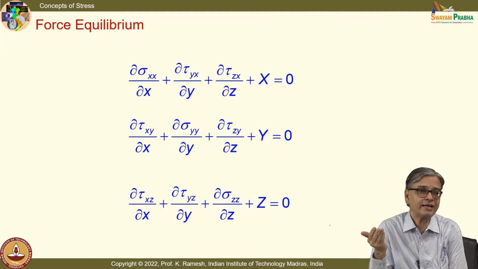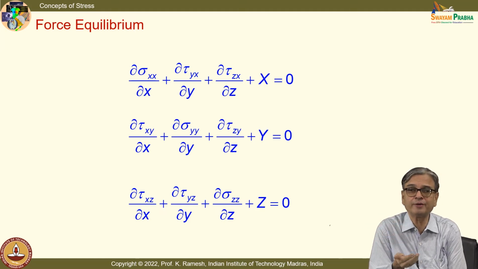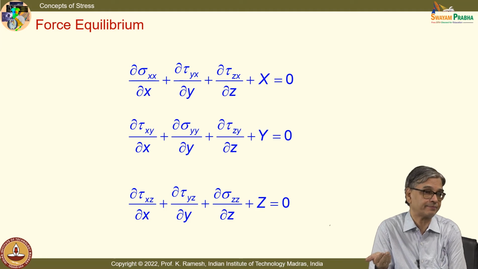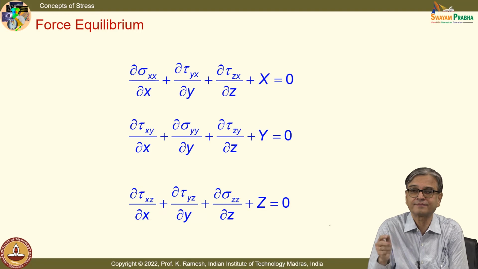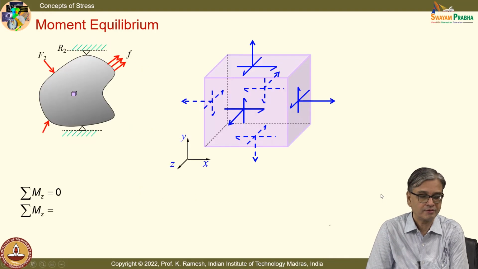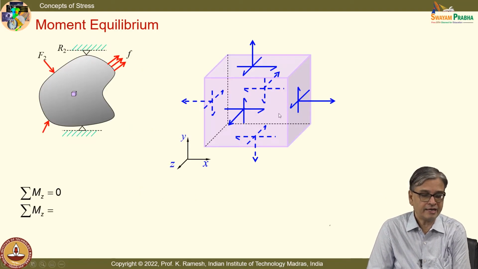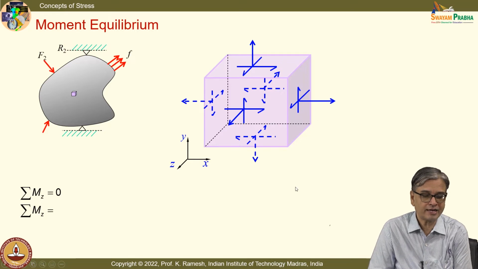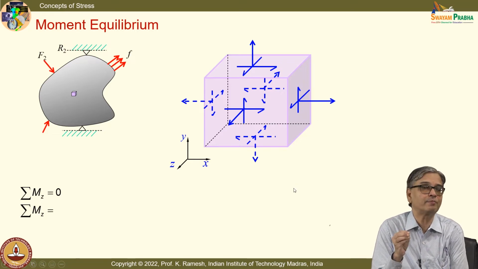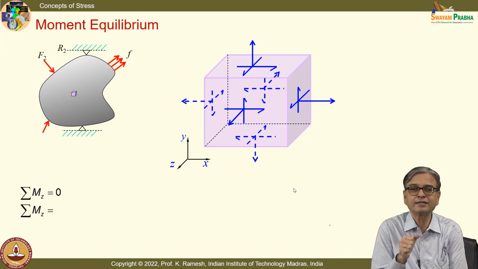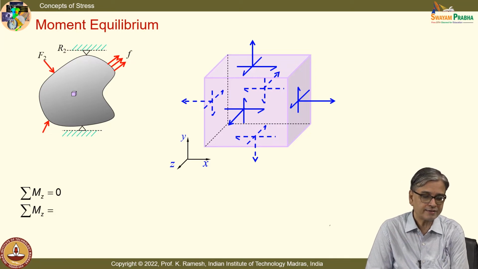See, in rigid body mechanics, we have looked at force equilibrium, we have also looked at moment equilibrium. Let us look at what way the moment equilibrium equations are. And here all the components are put, and what we are going to do is take moment about any convenient point. We will take a point which is at the center of the element.